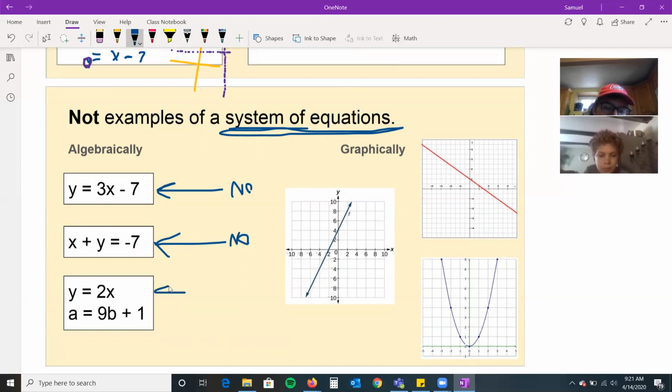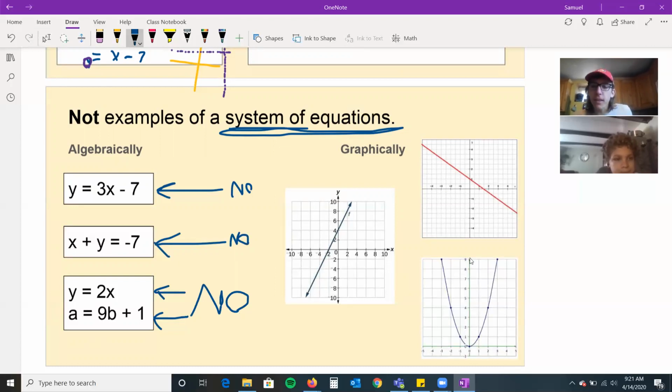Okay, that's fine. This one says a equals 9b plus 1. Could also be fine, but they don't both have the same variables, right? This one would have to have a y and x in it, and this would have to be a y and x. Or a and b and a and b. But since they don't have a common link, no, they're not a system of equations.